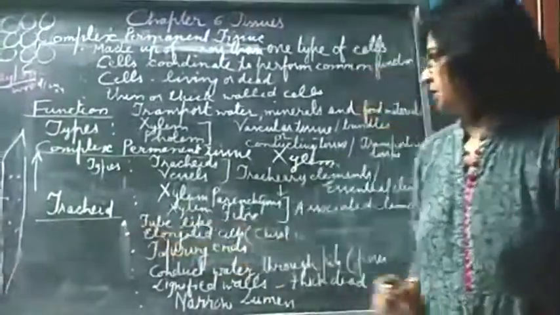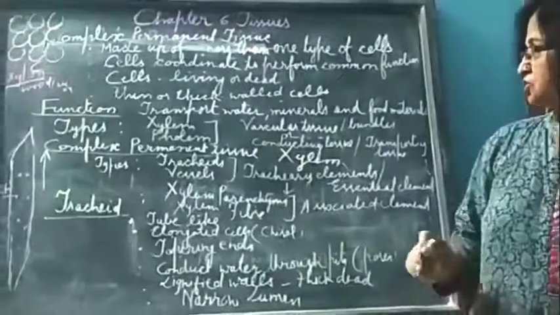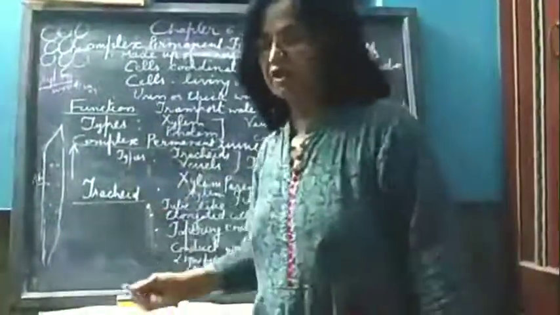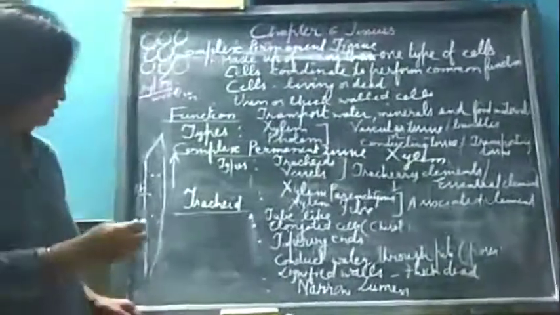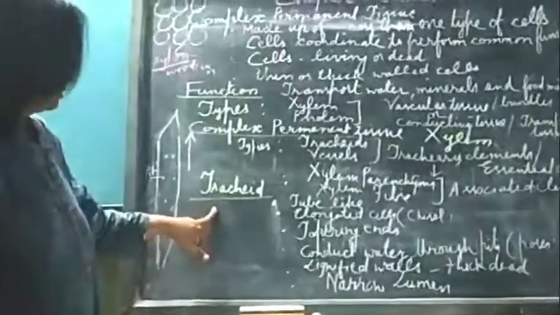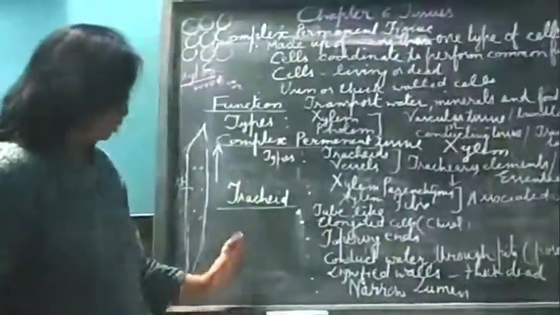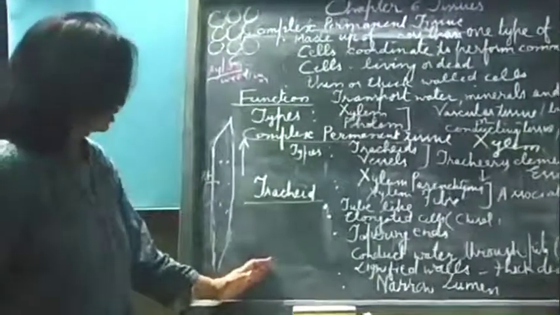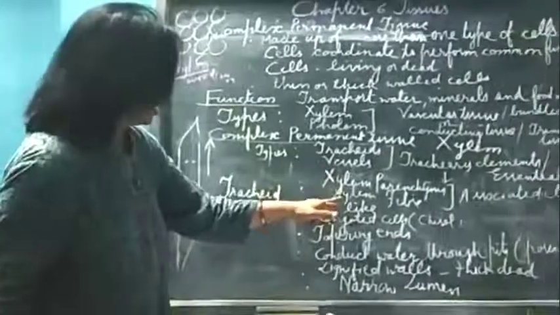So the first cell in xylem is the tracheid. What is the spelling? Just see carefully: T-R-A-C-H-E-I-D. Tracheids. Now I am going to explain their structure and function. The other types, vessel and parenchyma, I will explain tomorrow.